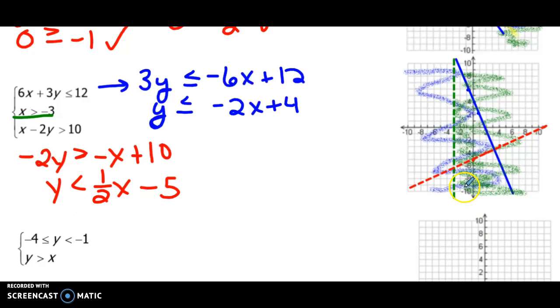This is a less than, so we would want to shade in this area down here. And so we can see then that the overlap is just in this area here. So the darkened spot would be the overall shaded area, and we could erase the green and the blue and the red around that, or we could just leave that the darkened area.